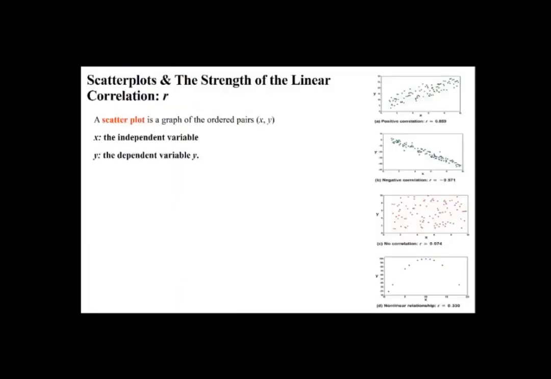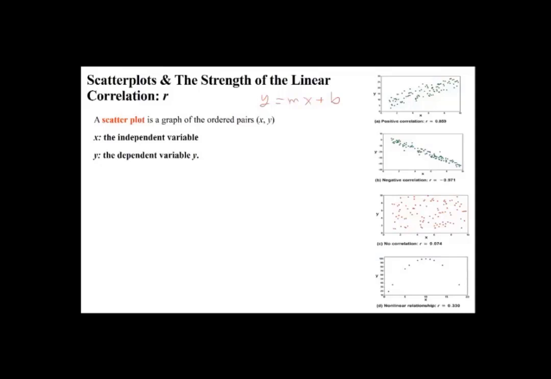So as far as a scatter plot is concerned, and you can see it on the right side, basically you plot points. That's all you do. X is the independent variable, Y is the dependent variable. And I hope everybody remembers when we were dealing with algebra, slope-intercept form was y equals mx plus b, where m was the slope and b was the y-intercept.